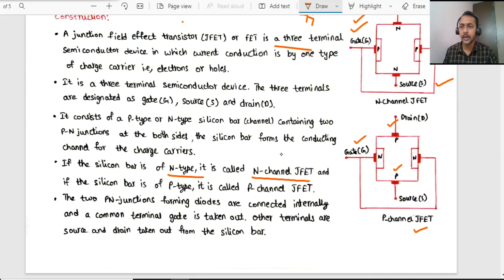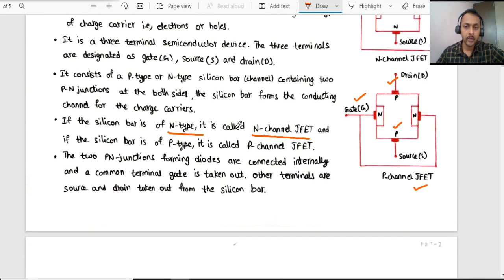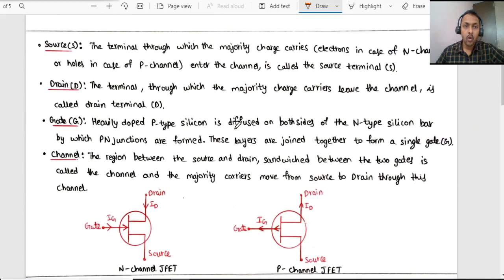So up to here we have two types, depending upon the type of the silicon bar. If it is a p-type silicon bar, it is a p-channel JFET. If it is an n-type silicon bar, it is called n-channel JFET. Now how do you understand the source?